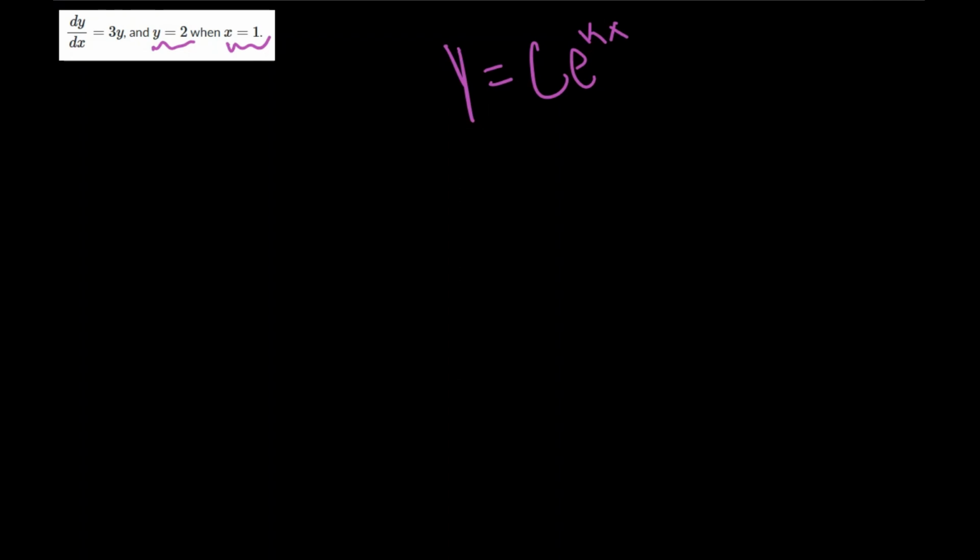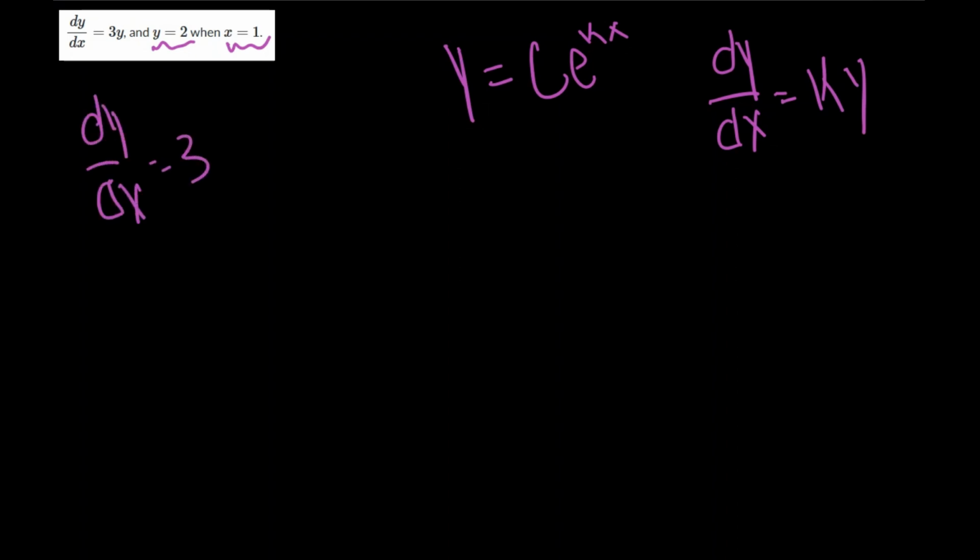In this case, we know this is the solution to the differential equation dy over dx is equal to k times y. Here we're given dy over dx is equal to 3y.